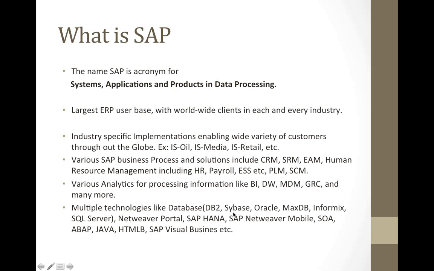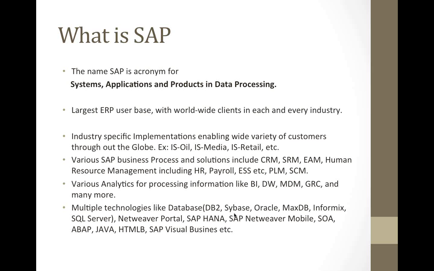Later on, SAP has various business processes and solutions. When I say business processes, you have different departments, and there are certain businesses which run specifically on these processes. For example, CRM, customer relationship management.